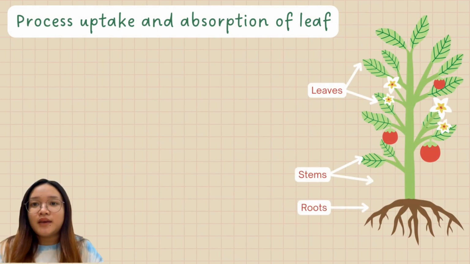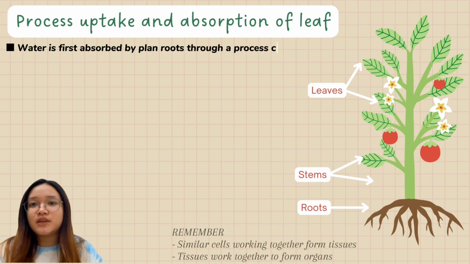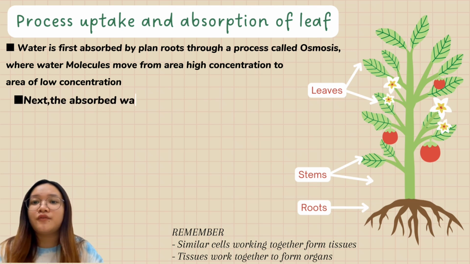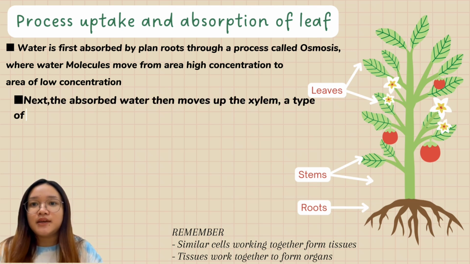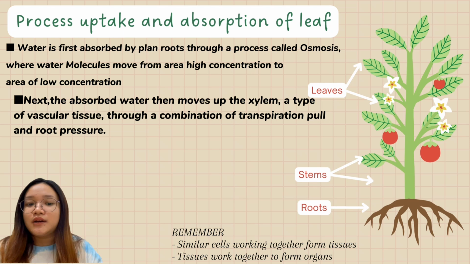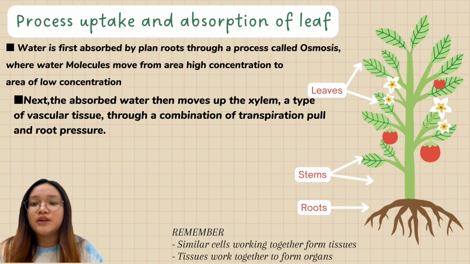The process of water intake and absorption in leaf involves several stages. Water is first absorbed by plant roots through a process called osmosis, where water molecules move from an area of high concentration to an area of low concentration. Next, the absorbed water moves up the xylem, a type of vascular tissue, through a combination of transpiration pull and root pressure.